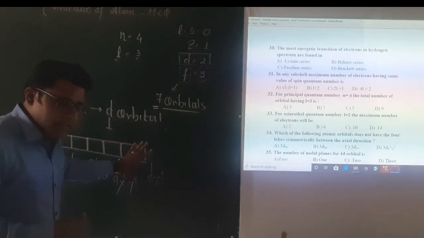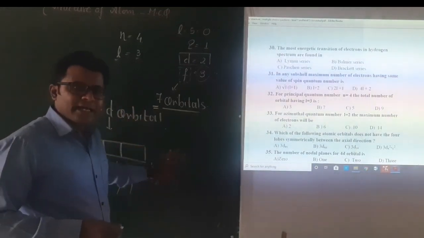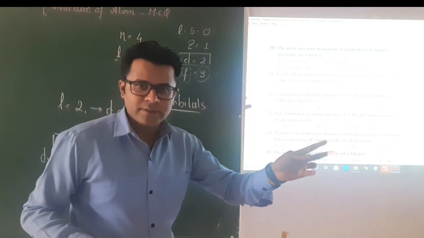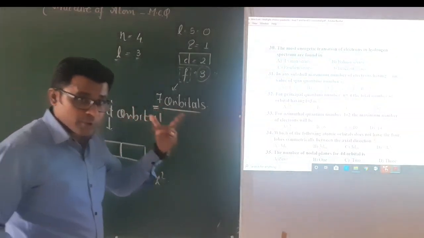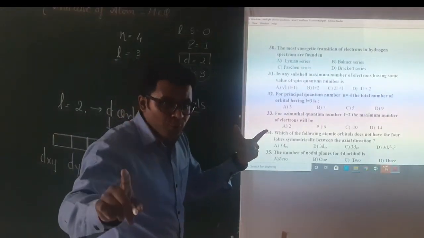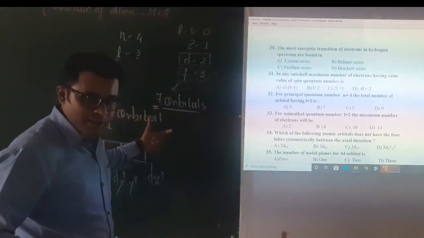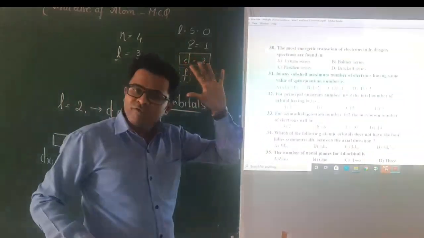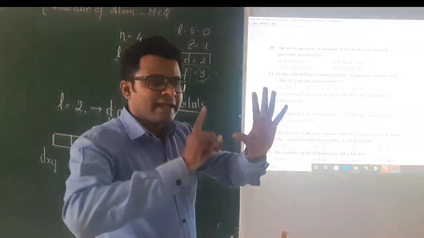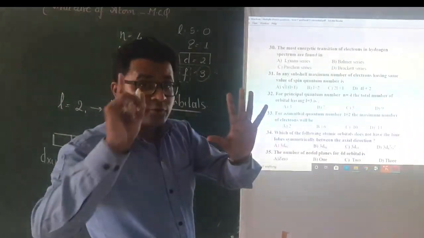So we know that every single orbital has a capacity of filling 2 electrons. So 2 into 5 becomes 10. So L equal to 2 is the D subshell. It can have 5 D orbitals, each one of which can occupy 2 electrons.